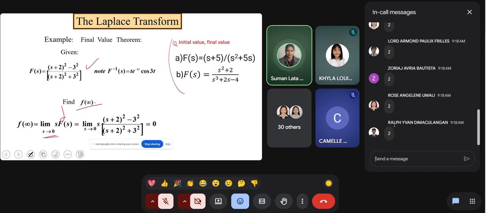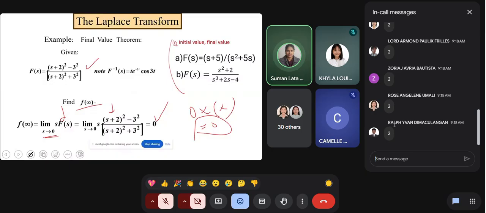Here s tends to 0, so if you directly put s as 0 here, this will give you 2, and here this will give you 2, so finite upon finite value multiplied by 0. Any finite value multiplied by 0 is nothing but 0. So this is a finite answer, and the answer will be 0. Here I need not divide or multiply anything, because this is already in standard form, and when I put 0 here, I can get a finite answer, which equals 0 in this case.